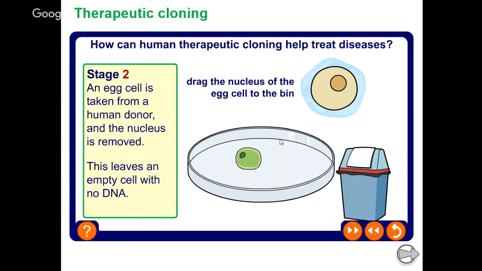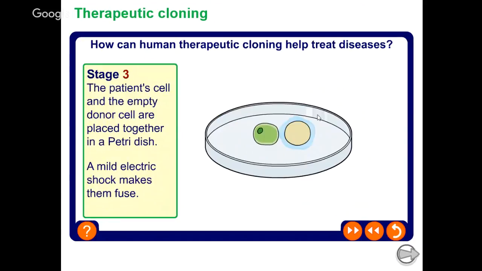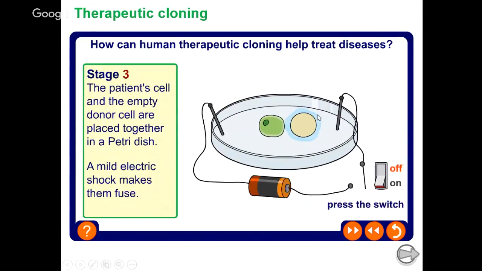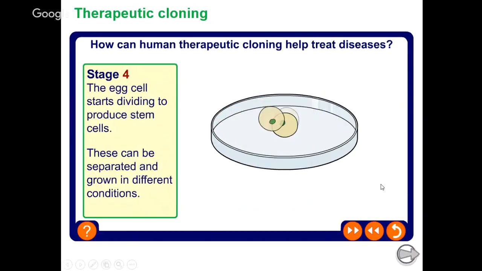Remember, every cell's got all the genes necessary. And we could use the Dolly the sheep technique for cloning, where we take an egg cell and then we add the DNA from the body cell. Remember, there's two sets of DNA. We use this to encourage the fusing of the body cell with the empty egg.